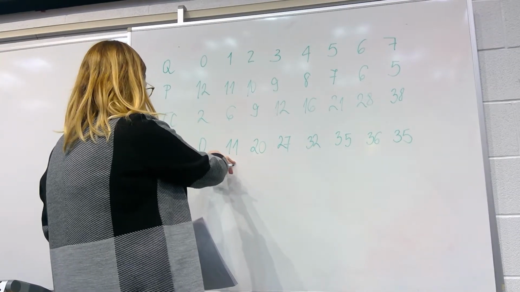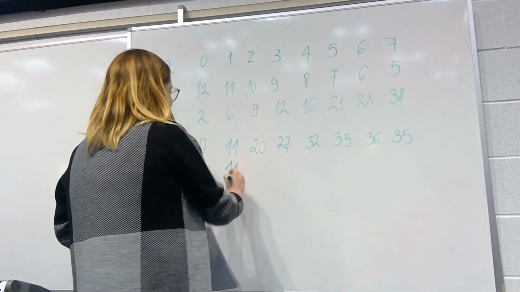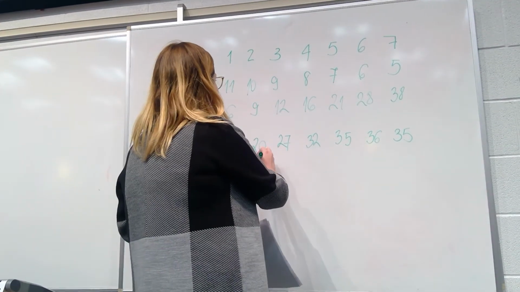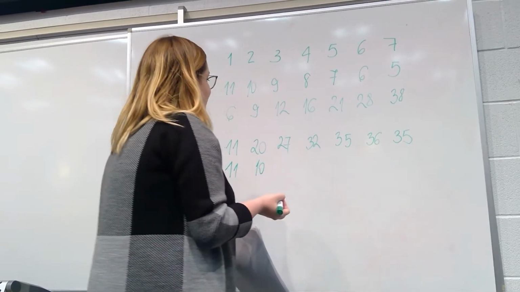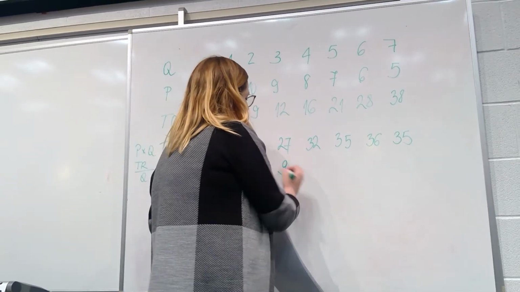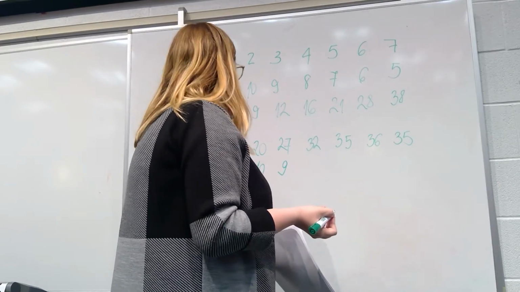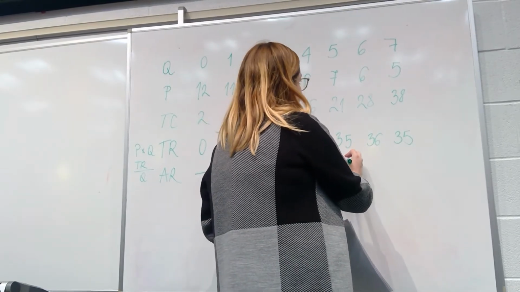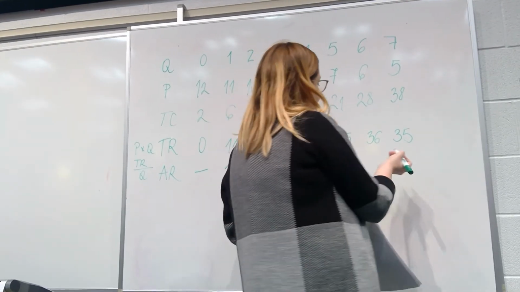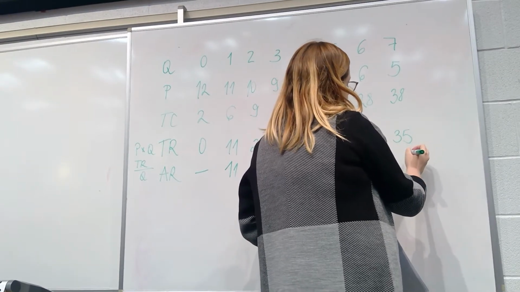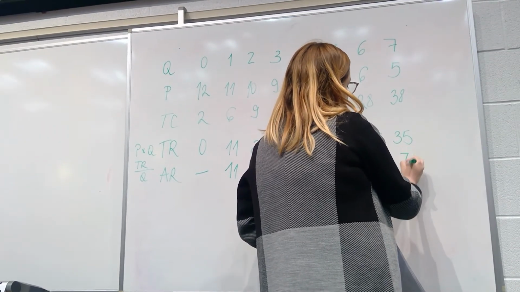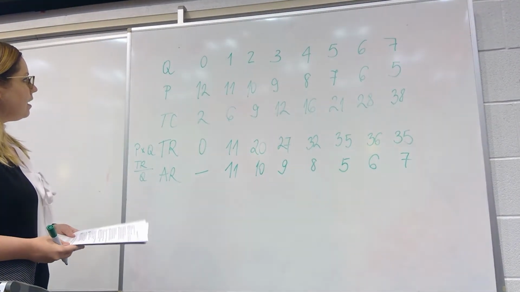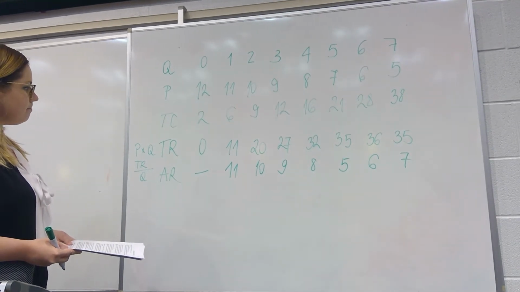Then we have 11 divided by 1, which would be 11. 20 divided by 2, which would be 10. 27 divided by 3, which would be 9. 32 divided by 4, which would be 8. 35 divided by 5, which would be 7, 36 divided by 6, which would be 6, and 35 divided by 7, which would be 5.